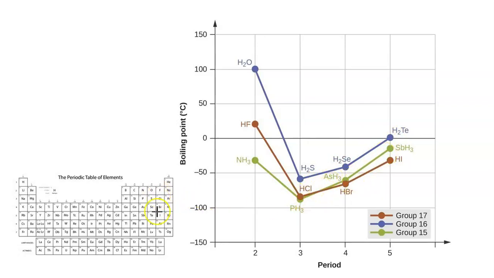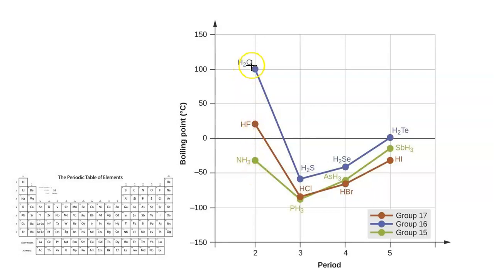As we go down a group, the London dispersion forces increase, which is why we see the intermolecular forces increase. So as the mass increases from compound to compound, the intermolecular forces increase, so the boiling point has to go up. And then these three are separate from the trend because they exhibit strong hydrogen bonding.